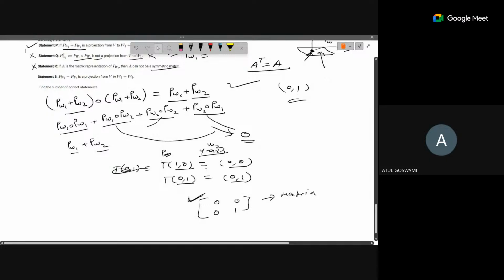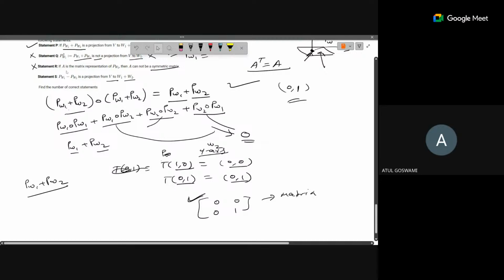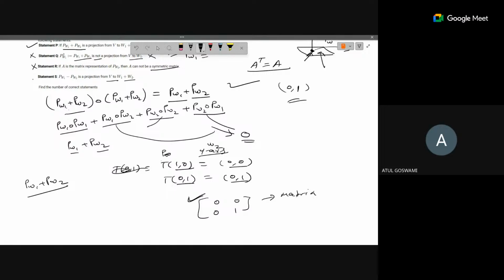The fourth option: pw1 minus pw2 is a projection from V to W1 plus W2. So what is the projection from V to W1 plus W2? It is pw1 plus pw2, which is given in the starting of the question. So this option is also not true.